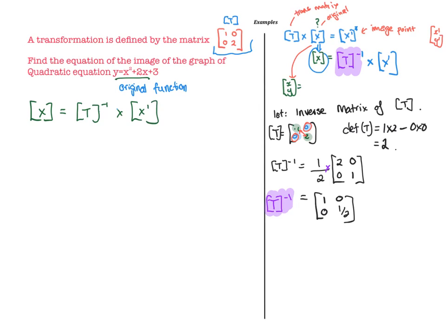So you just told me what inverse T is, so we've calculated all of that. 1, 0, 0, a half. And we're going to times it by the image, which is like saying image X, image Y. And this one is essentially X and Y, the original.